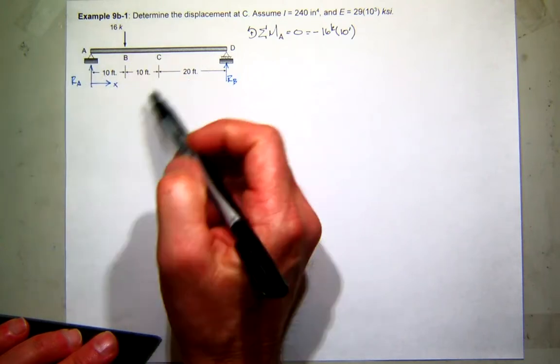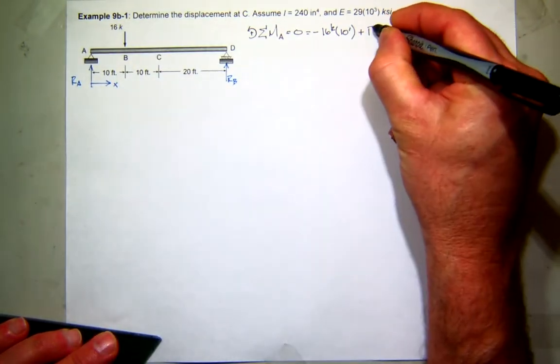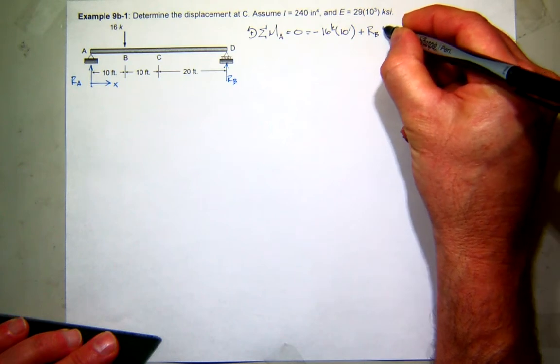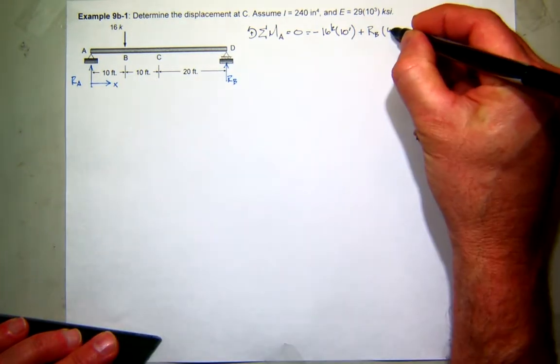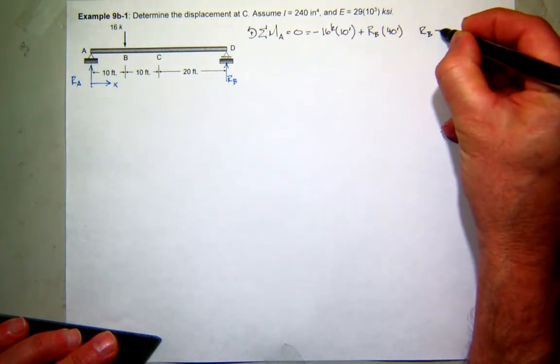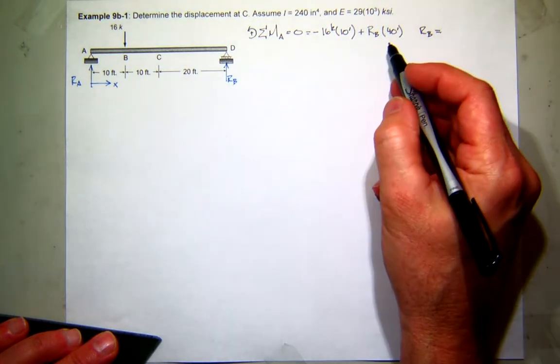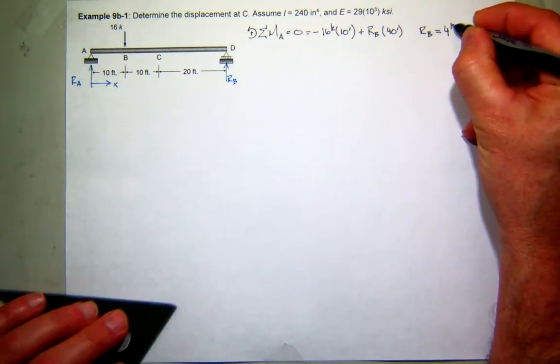It looks like it's going to be positive. The force would be RB, reaction at B, which I don't know. And the distance between A and B looks like 40 feet. So it looks like my reaction at B is going to be 4 kips. Does that look right?